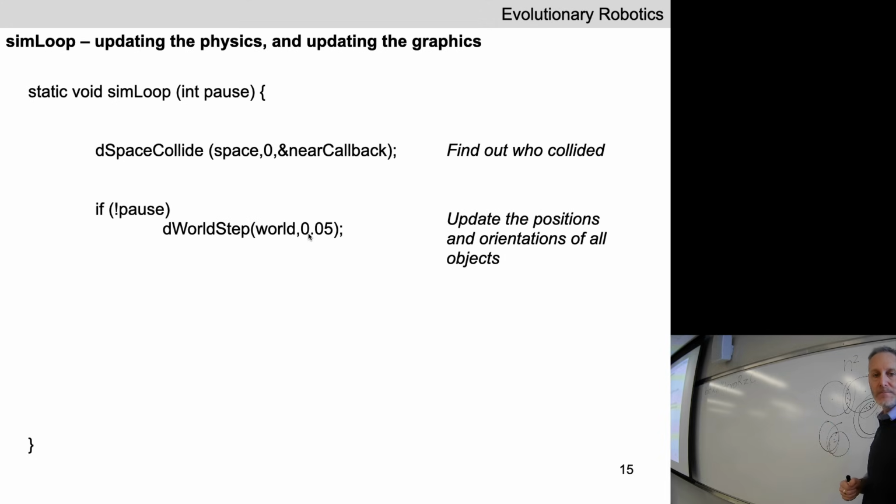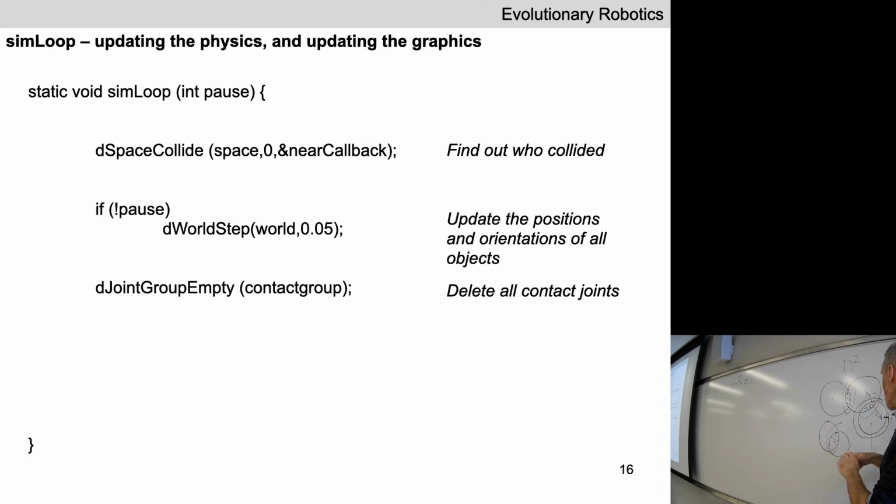During that time, inside this call, the ODE physics engine uses F equals ma to figure out all the forces acting on objects, like gravity and the results of collisions, hinge joints, and so on. It uses all of those forces to compute the new acceleration, and from there, the new position and the new orientation of all the objects. So after dWorldStep, everything has moved and rotated.